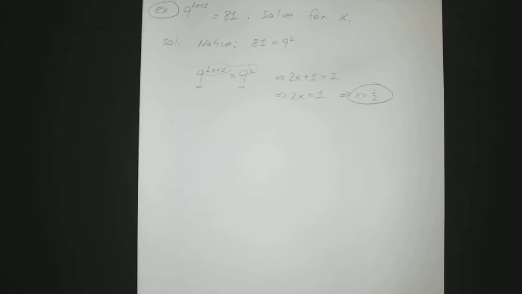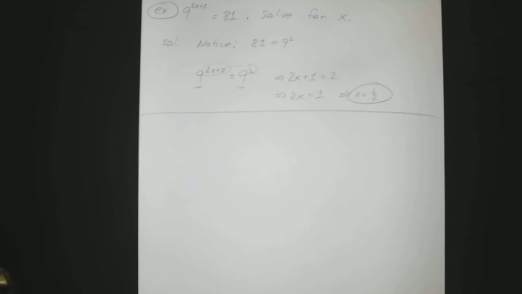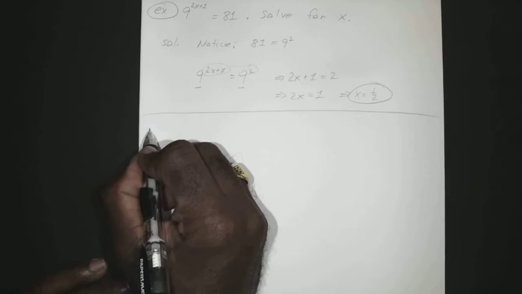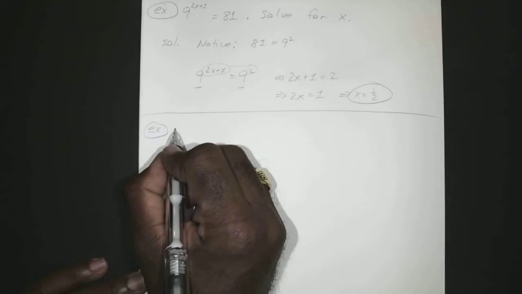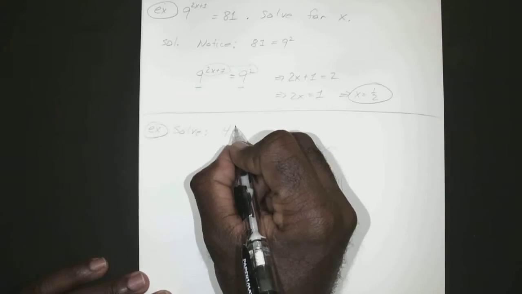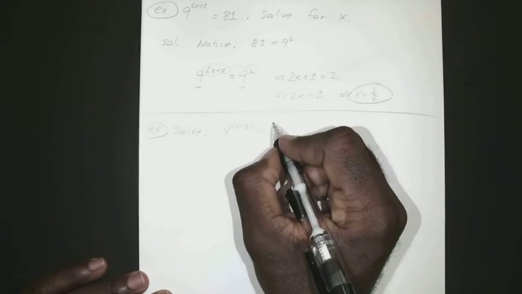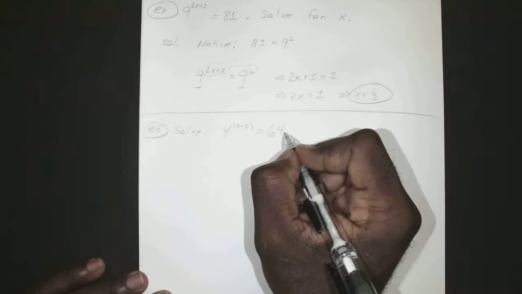All right. So any questions on that one? Okay, so let's say, for example, we wanted to solve 4 to the x minus 5 power equals 64 to the x plus 2 power.